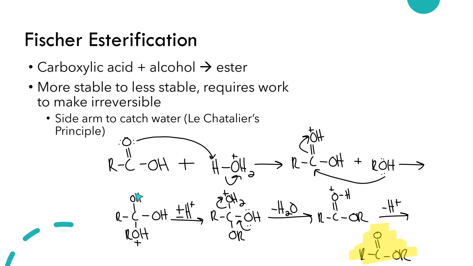Then the other OH group, a lone pair of electrons from oxygen, will come down to reform a double bond and push off that leaving group. So you'll lose water. I ended up with this, and again, hydrogen is labile, it'll come off, no problem. And you end up with an ester.